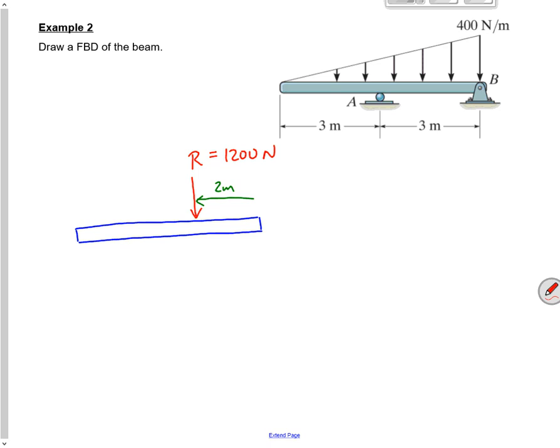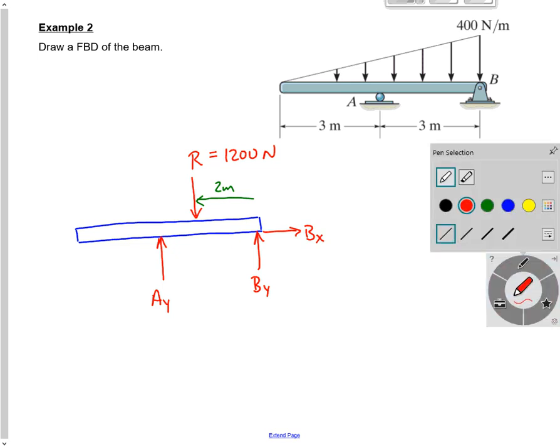Now right in the center, it's got a support reaction. It's got a roller, so that only provides a force in the Y direction. At B, it's pinned at B, so I get a force this way, and I can have a force this way. If I want to get technical, I really need to define some distances.